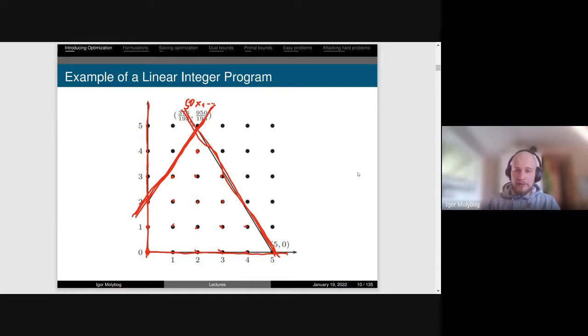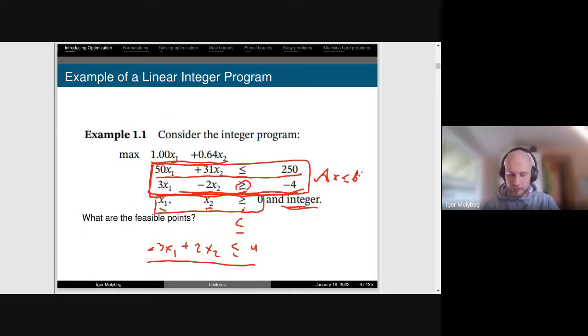But they are integral, right? So for example, the point 1, 1 or the point 2, 1, first of all they belong to the set that we have drawn, and those points are integral. Therefore, they belong to the feasible set of the original problem. So we have found all of the feasible points.